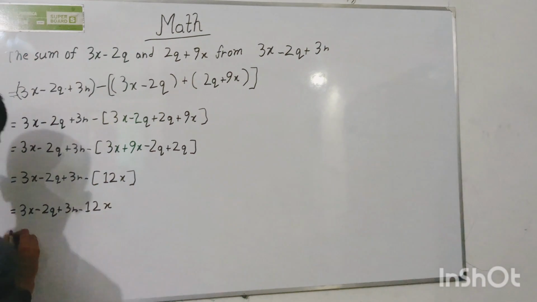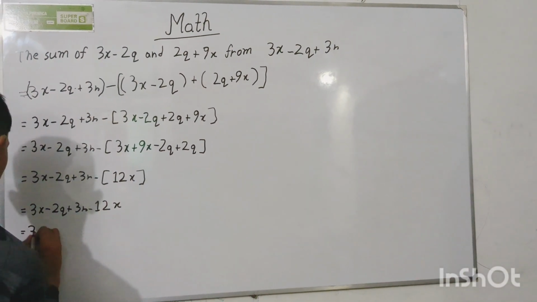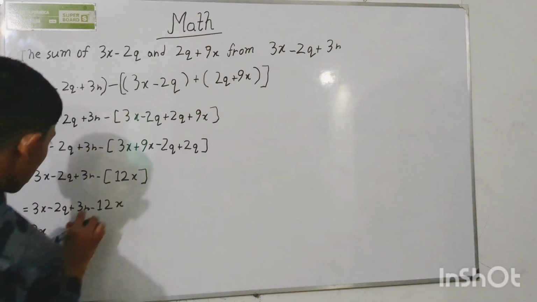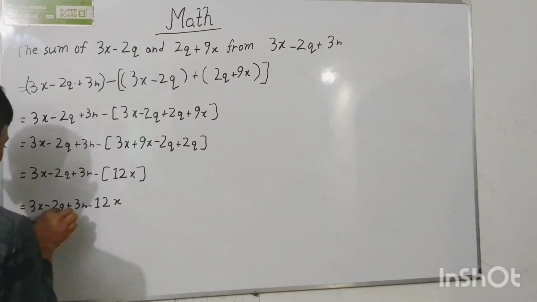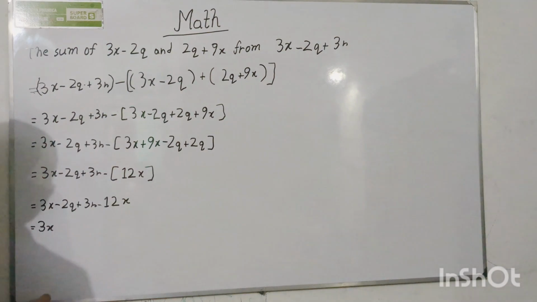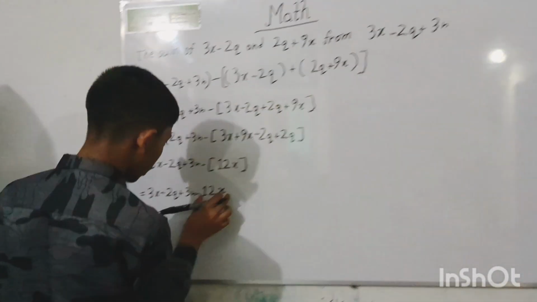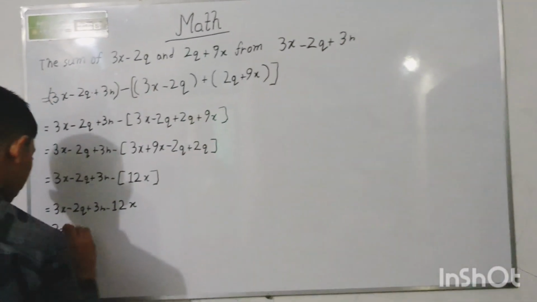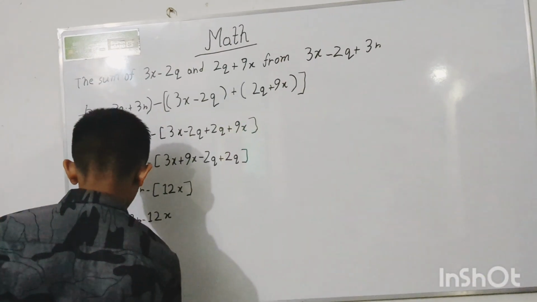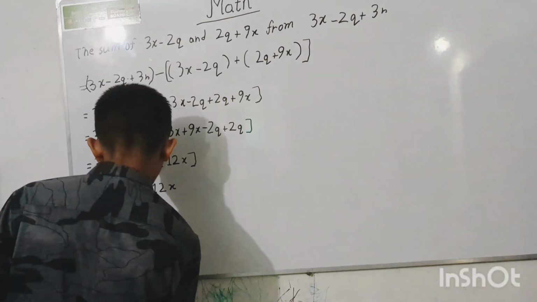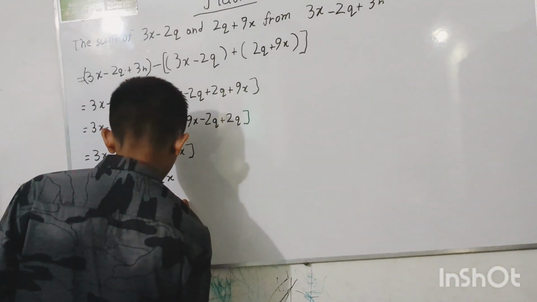Now I'll simplify this. 3x, and here is a minus sign. We know here is x and here is q, so we can't do anything here for the variable. So I'll just take this minus 12x here. 3x minus 12x minus 2q plus 3r.